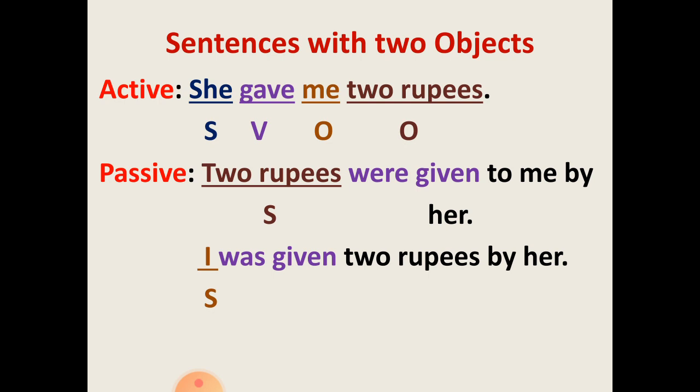First I have taken 2 rupees as the object, so my subject will become 2 rupees. So it is: 2 rupees were given to me by her. In the second case, if I take me as the object, then my answer will be: I was given 2 rupees by her. So in such cases, you can use either of the two objects.